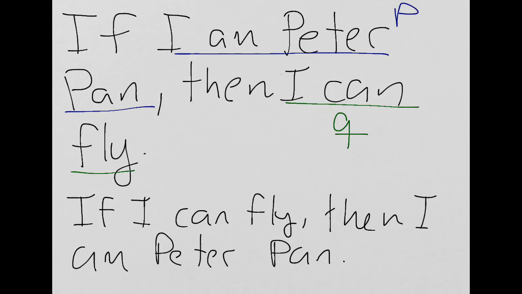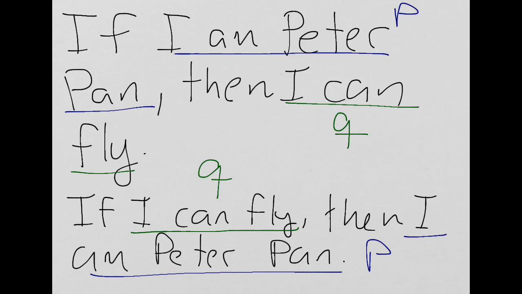And notice that all I did was, if I can fly, this was my Q, then I am Peter Pan, this was my P. I just swapped them, and so that is how we get to the converse.